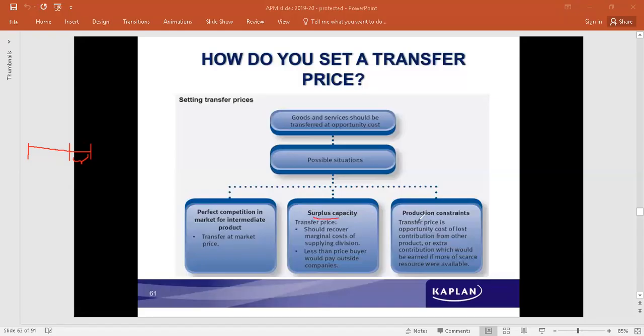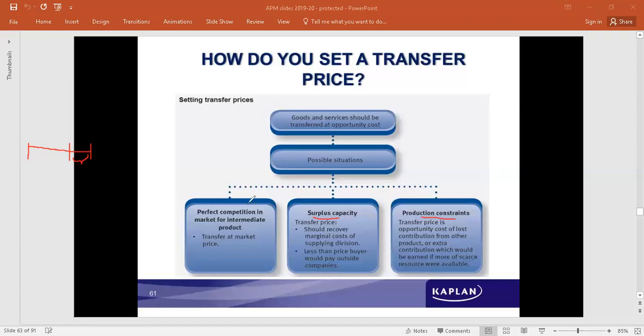Let's say they do not have any capacity available, there are production constraints, and they are already operating at maximum capacity. In that case, to accommodate the other department, they will have to cut down on the production of the units supplied to external customers.